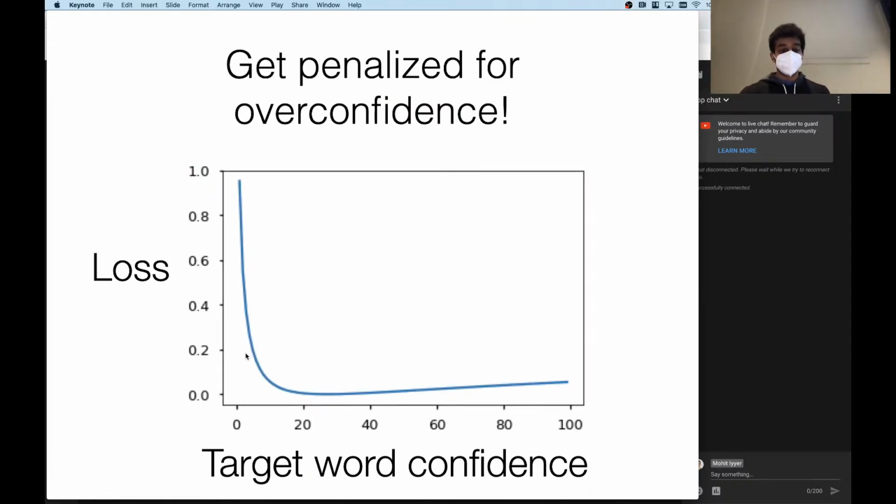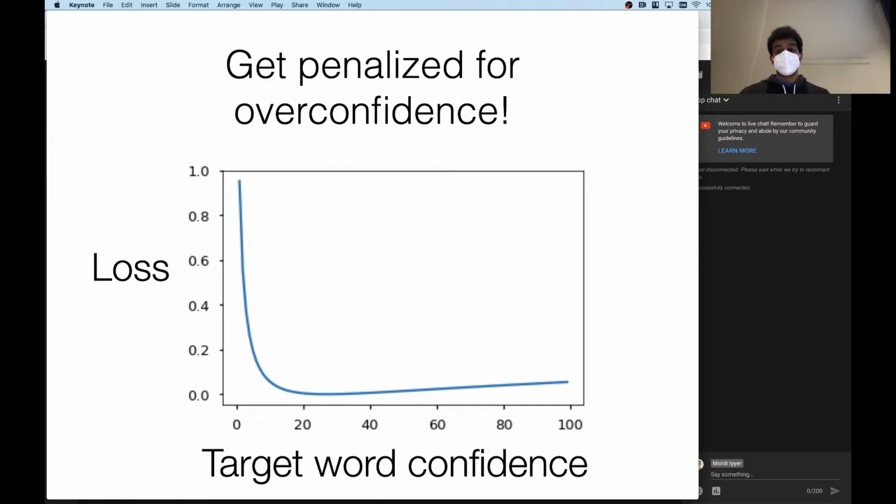Here, you can see that with label smoothing applied, you get the lowest loss when your confidence in the ground truth word is like 20%. And if you're putting more than that probability on the correct next word, your loss starts to increase gradually, which means the model is penalizing you for being too overconfident in a particular word.